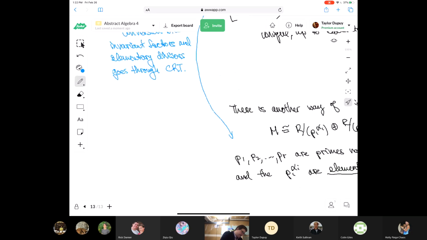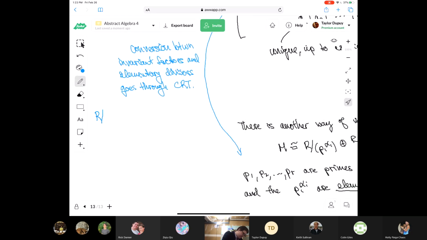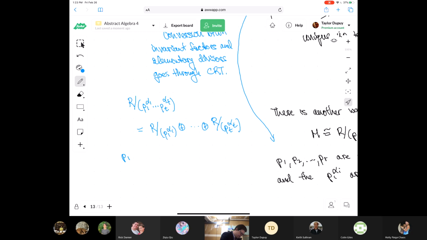Okay, so that is that R mod the product P1 to the alpha 1 up through Pt to the alpha t, where we need a letter, I already used s, so t, is isomorphic to R mod P1 to the alpha 1, direct sum, up to R mod Pt to the alpha t, where these Pi are distinct prime factors.